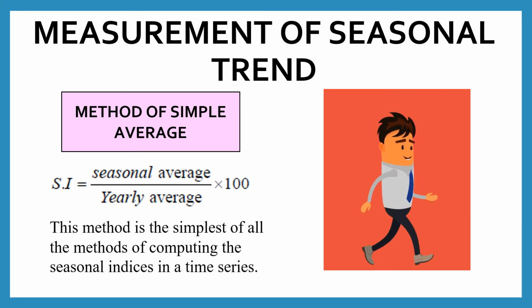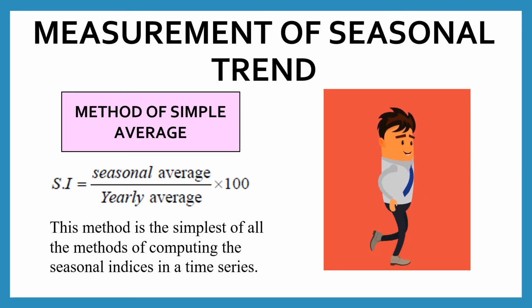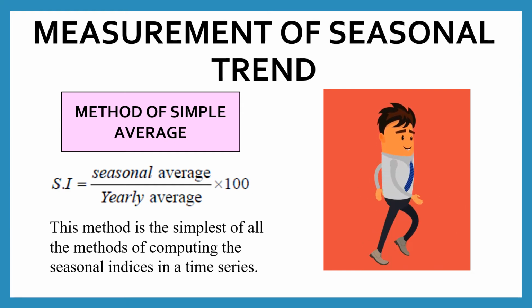Seasonal average represents a monthly, quarterly, weekly, or daily average which is obtained by dividing the total of a particular season's values by the total number of such seasons in the period of analysis, and yearly average represents the average of all seasons averaged during a year.